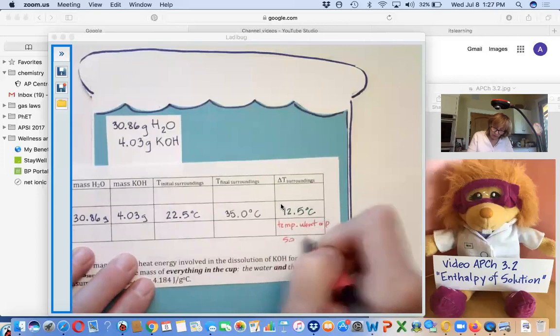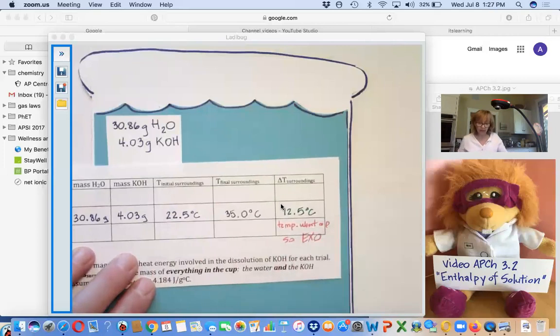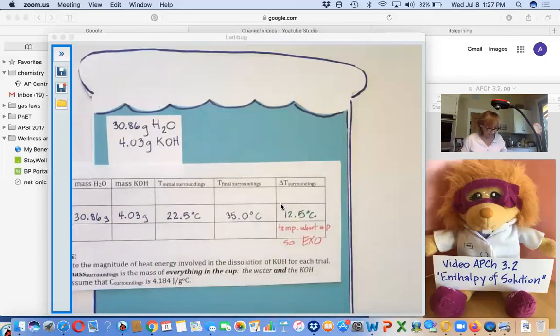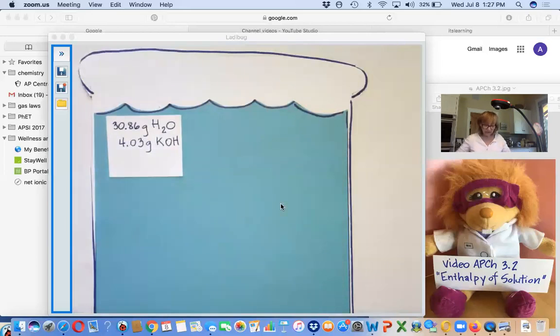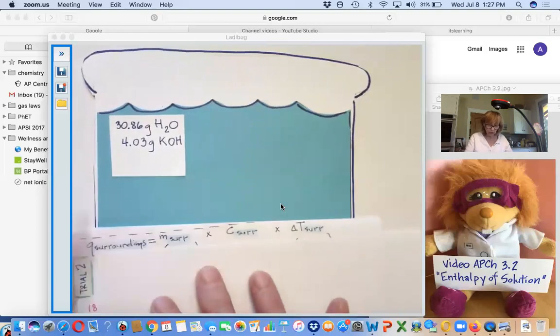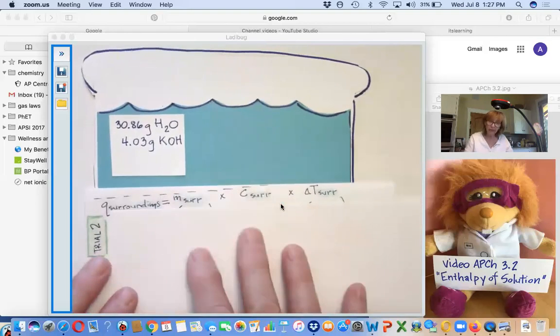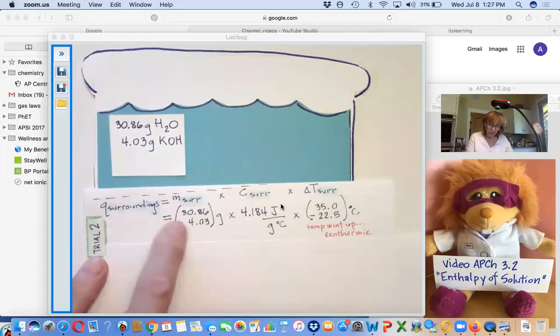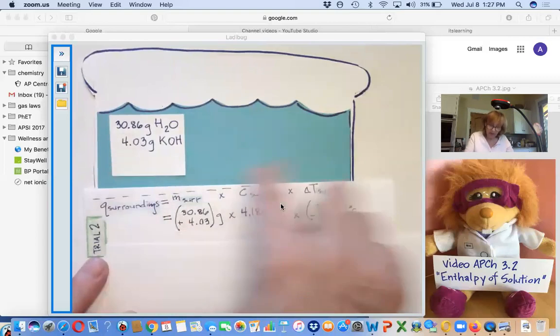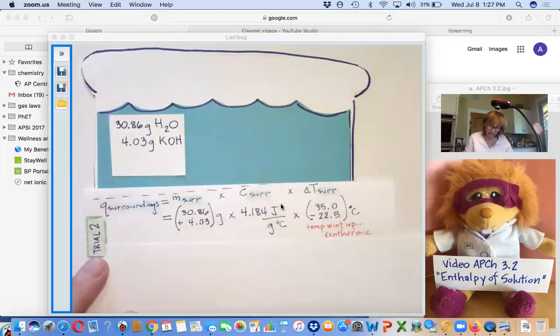So this is an exothermic dissolving process. Right, now when I calculate the heat energy of dissolution, the Q, of my surroundings, I have these two numbers added together to give me the mass of everything in my beaker.